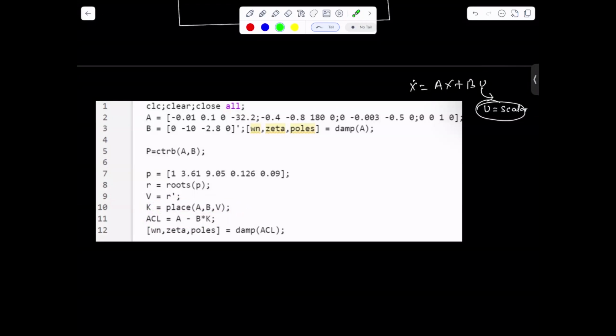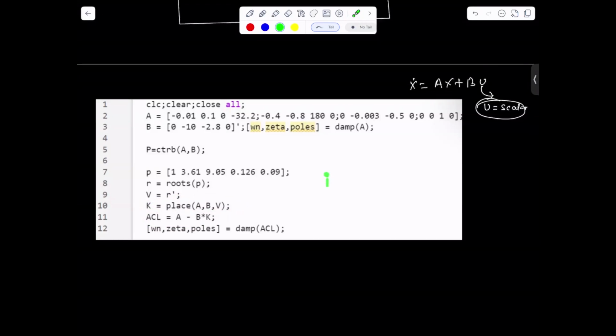That is common for all the systems. The way we did the previous example, how to find the response, you can do it. So we have to find the closed loop system model, and you have to use the initial command, which will give you the state information, and you can plot over time.